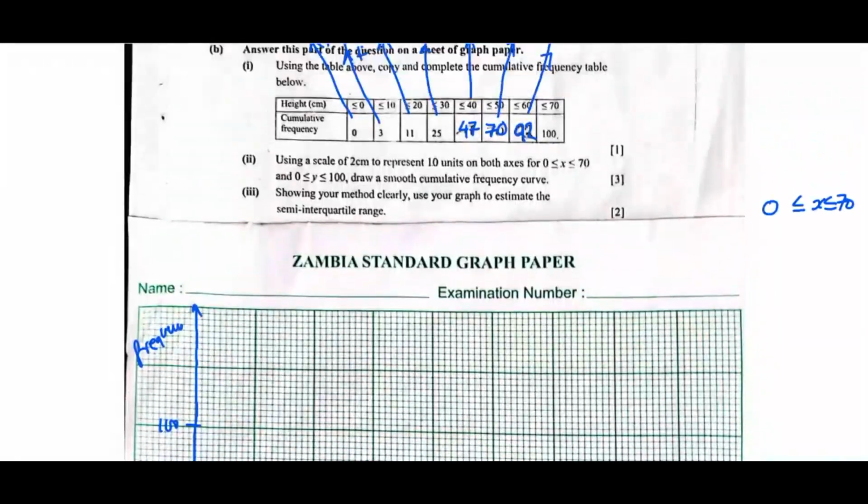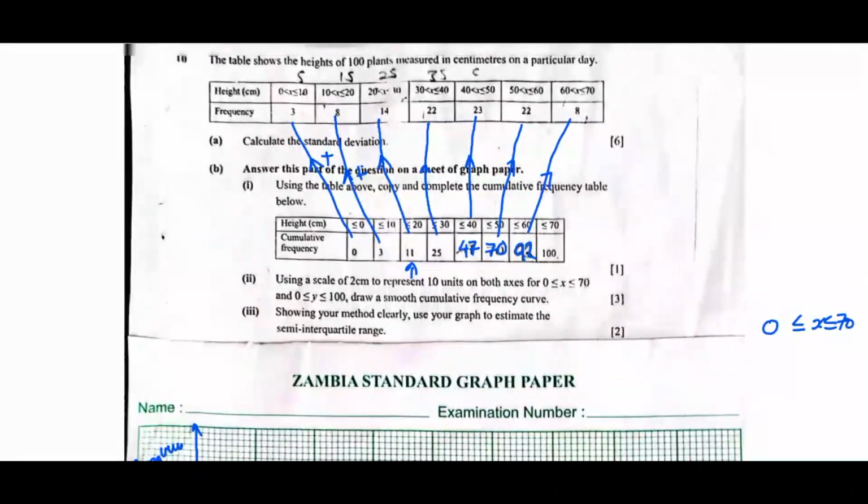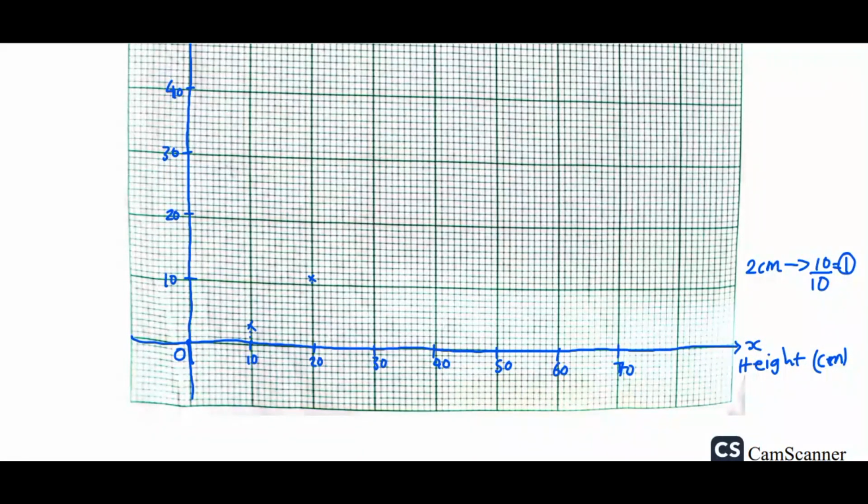Then the other one is 20,11. So 20,11, 10 is here, so you just add 1, 11 is here. Then we move on to 30,25. 30, then 1, 2, 3, 4, 5. 25 is here.